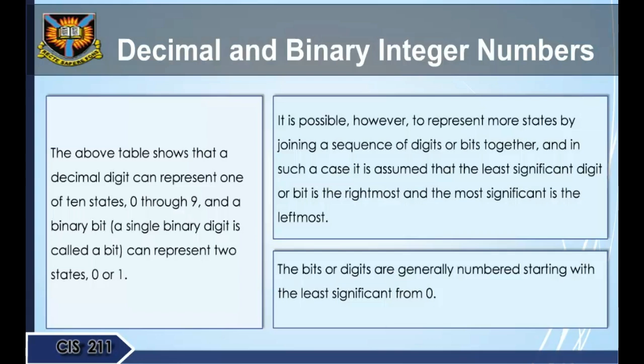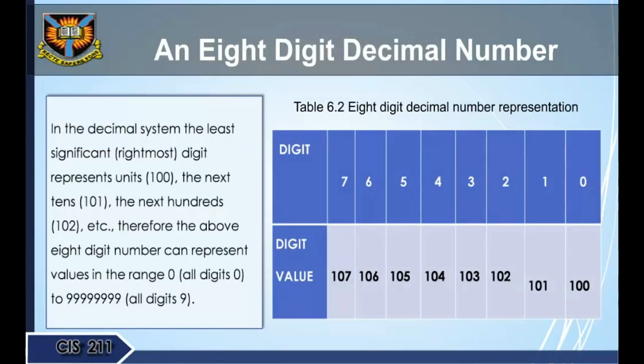It is possible, however, to represent more states by joining a sequence of digits or bits together, and in such a case, it is assumed that the least significant digit or bit is the rightmost and the most significant is the leftmost. The bits or digits are generally numbered starting with the least significant from 0. An 8-digit decimal number.